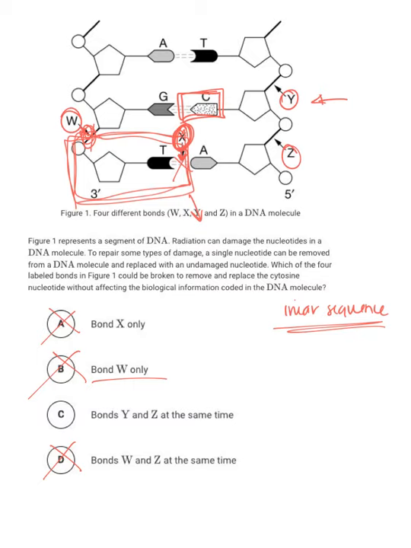However, if I break bonds Y and Z, these 2 covalent bonds, these are going to introduce a break. We can kick out our cytosine here and replace it with a functioning, not damaged cytosine. Okay, so your answer here is going to be C.